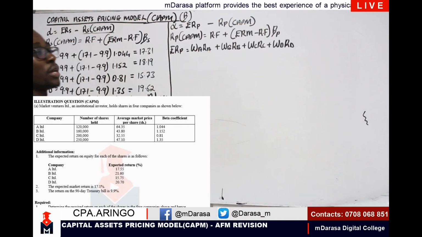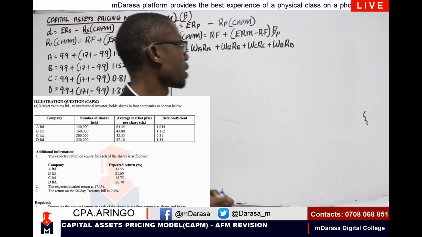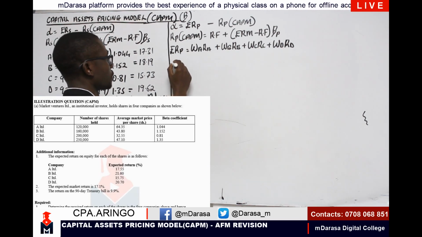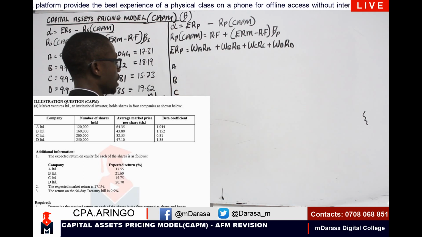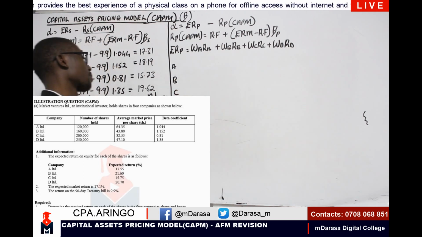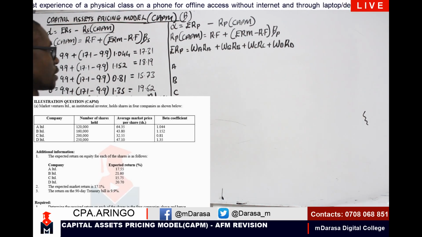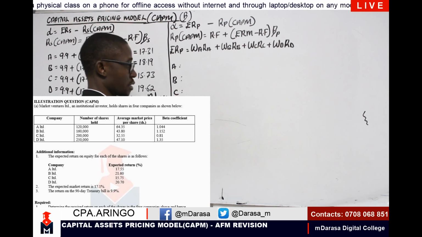To determine our weight, we must be having the values of this investment. And in our case here, of course, I'm having investment A, investment B, investment C, and investment D. So what were we given? We were given our shares.